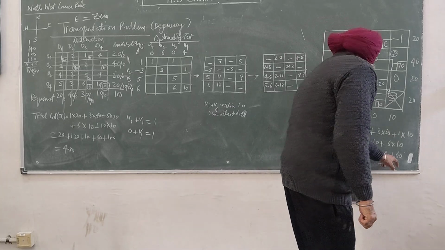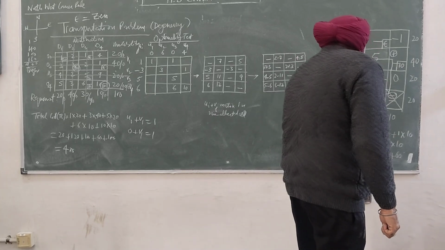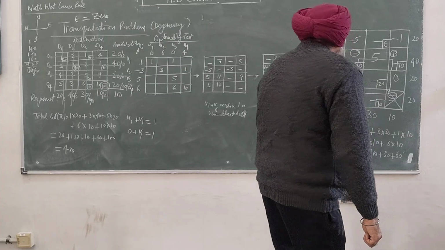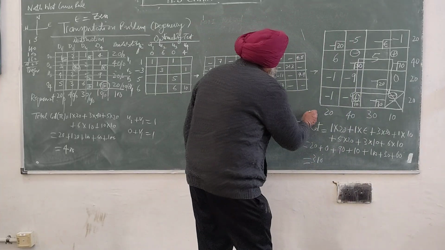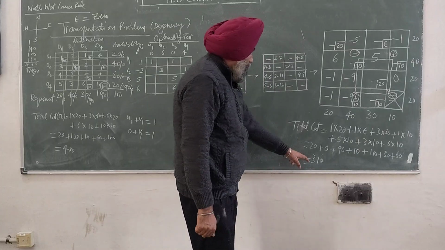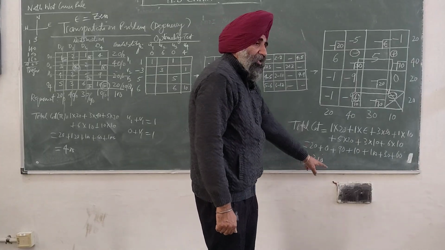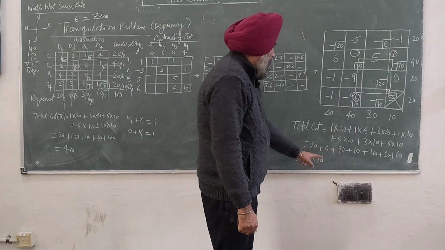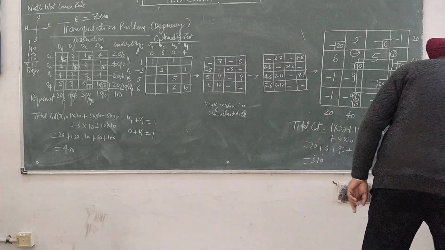Again check it. This is 100, 200, 290 plus this is 300. Earlier the cost was 400, now we are able to reduce it by 90 rupees or $90. This becomes 300.